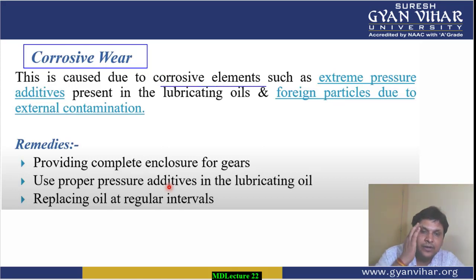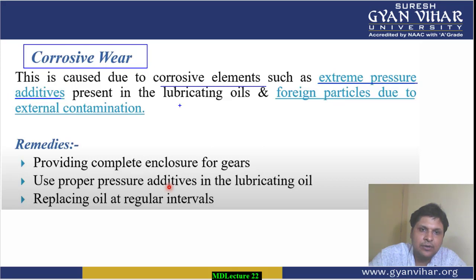We all know that in daily life we see a lot of corrosion around us, like in all the iron materials made of metals. The same reason applies in the case of gears. The corrosive elements are, first, the extreme pressure additives present in lubricating oil.